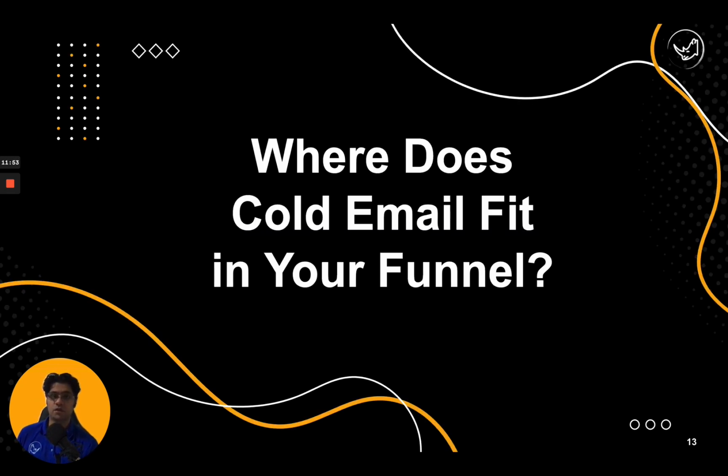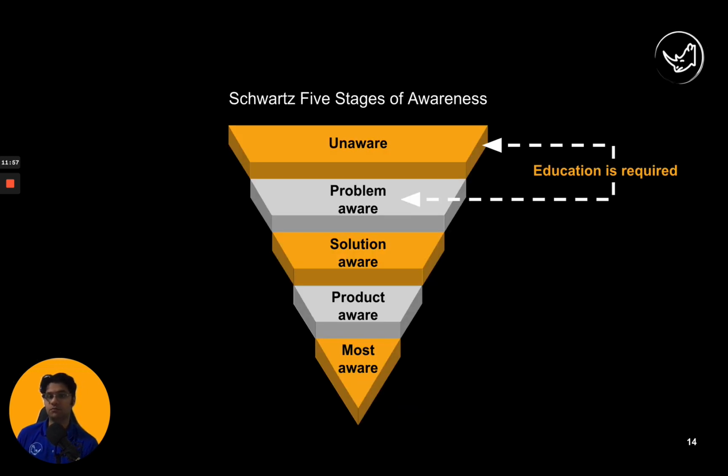After that, what you really want to do is start looking at where cold email fits in your funnel, right? One of the things I'd like to make reference to is this, which is called Schwartz's 5 stages of awareness. Cold email in general is a top funnel activity. This concept tells you how you should go about thinking about where your prospect is as per this framework, right?